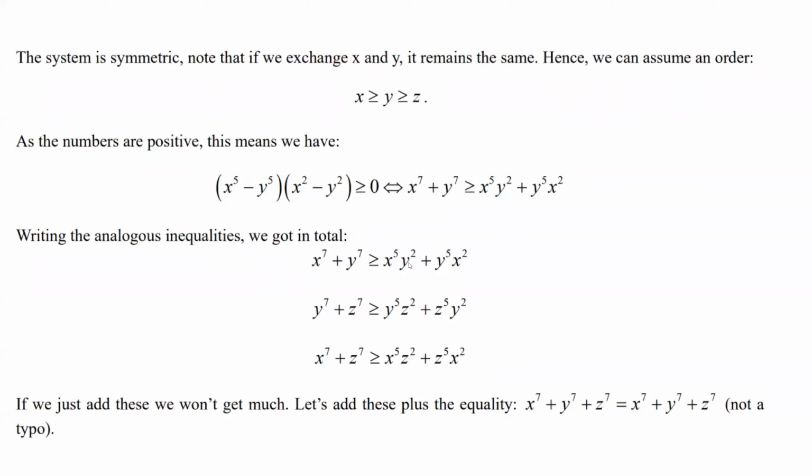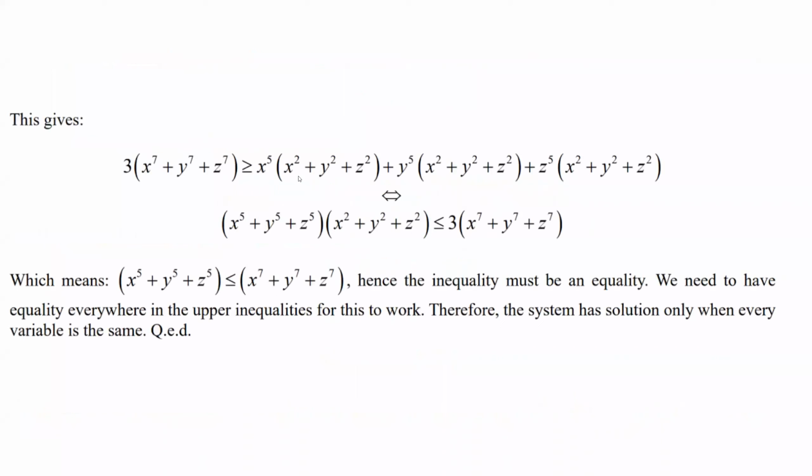If we write everything here and sum them up with this relation as well, look at the power 5 of x: we have the term x power 5, y power 2, and the term x power 5, z power 2. Then it would be ideal to also have an x at power 7, because then we can take x power 5 out and get the sum that we want, which is this one.